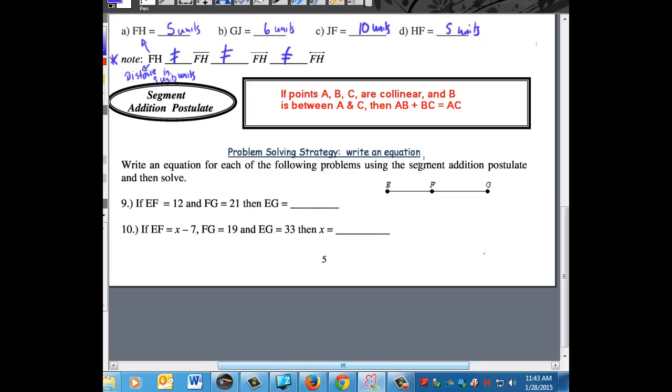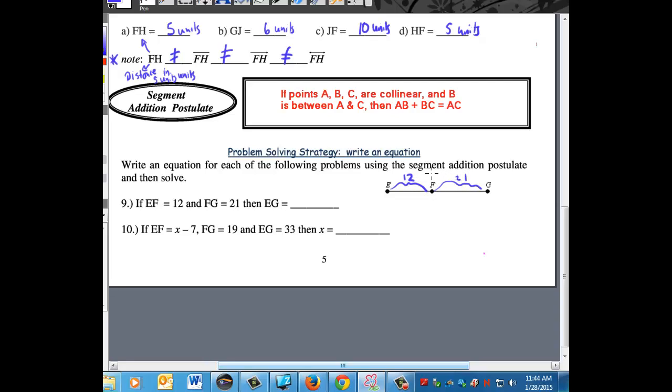So we have EF is 12, and I like to usually mark which segment is what. So EF is 12, I'm going to put a 12 here, so we're saying that the length from E to F is 12. And then the length from F to G is going to be 21.